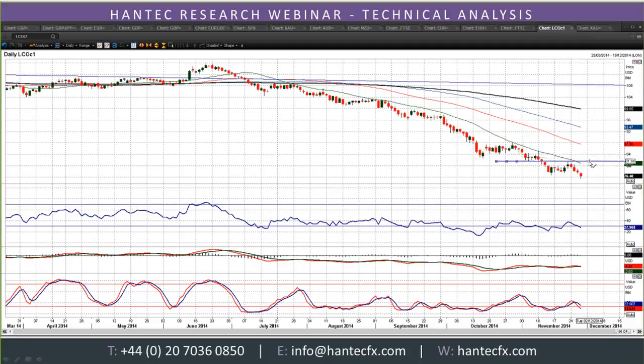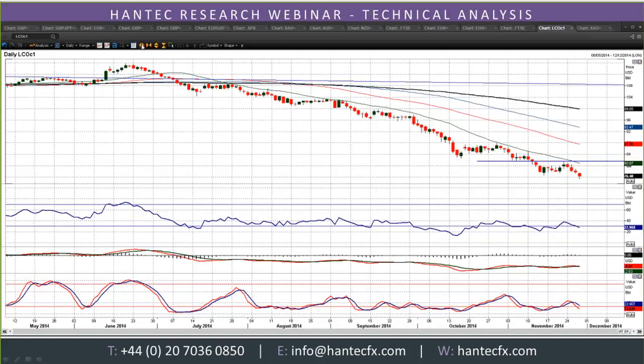But certainly it looks like the market is positioned for further weakness. I suppose that leaves us open to sell on rumor, buy on fact, a rebound, but at the moment it certainly looks like we're positioned for further downside.